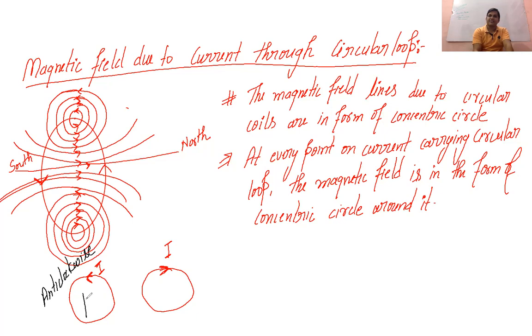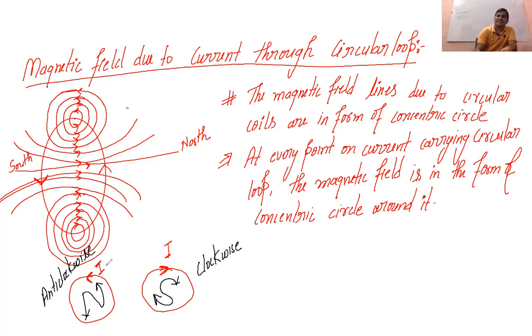So if current is flowing in anti-clockwise, you should remember, students, it will act like a north pole. And if current is flowing in clockwise, then it will act as a south pole. Okay, so you can remember like this.